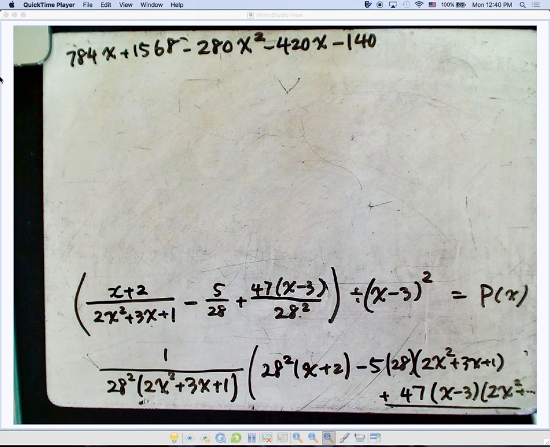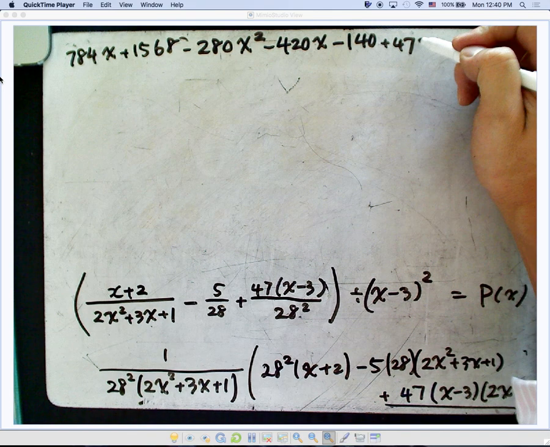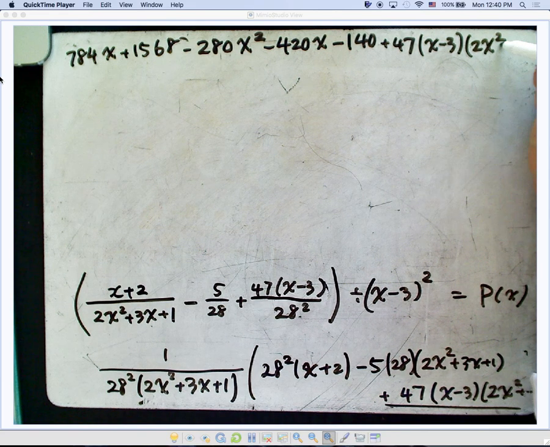Plus 47 times (x − 3) times (2x² + 3x + 1).